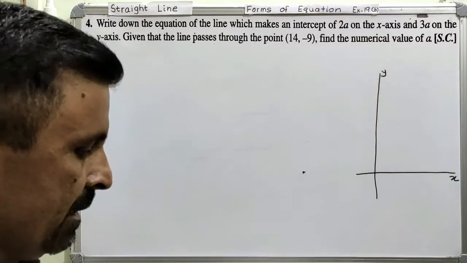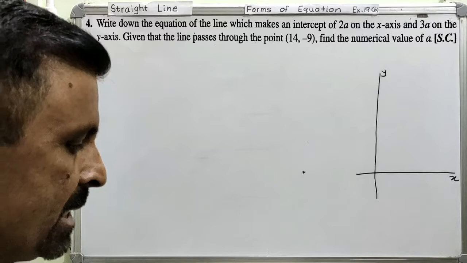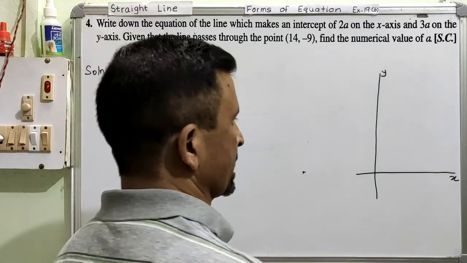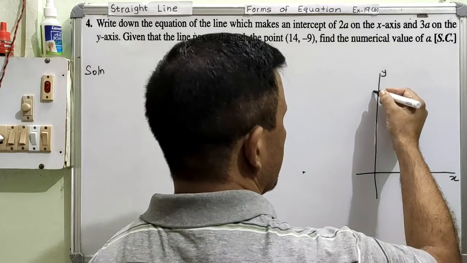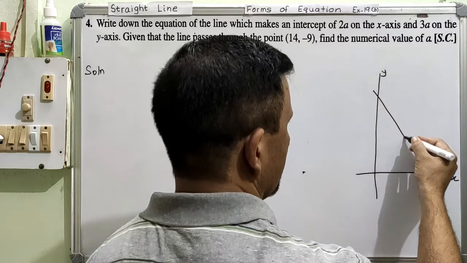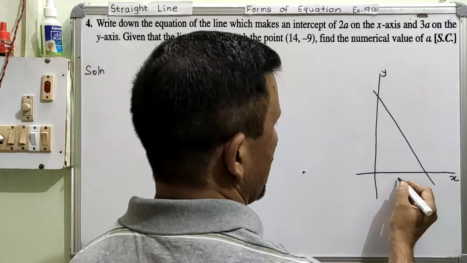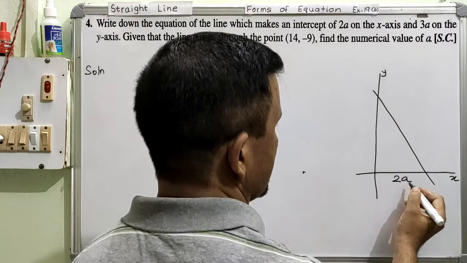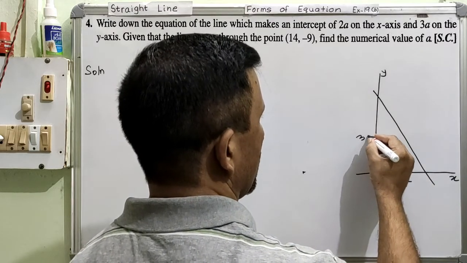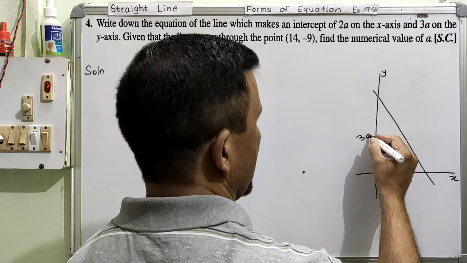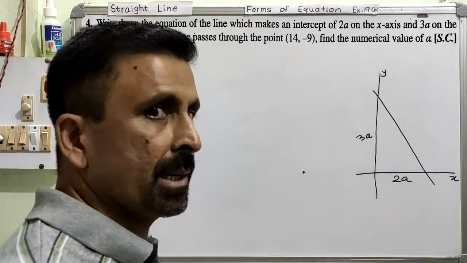Now the line makes an intercept of 2A on the x-axis. Clear? Let us draw the line. This line makes an intercept of 2A on the x-axis and 3A on the y-axis. Is it okay?